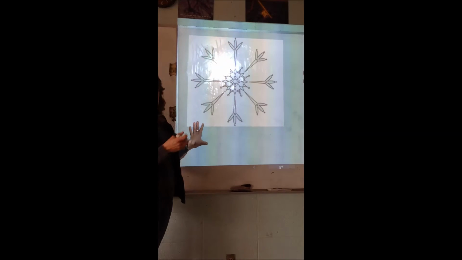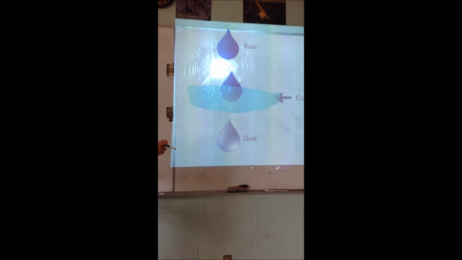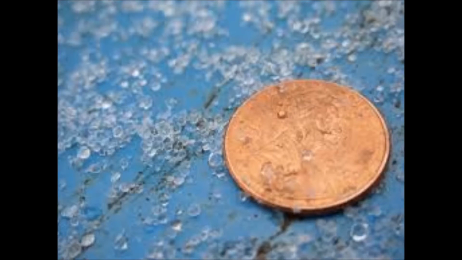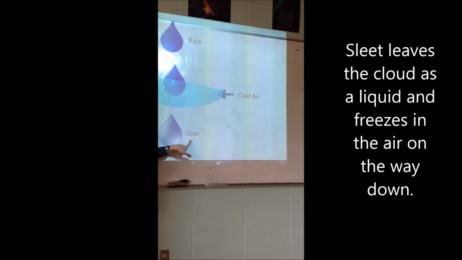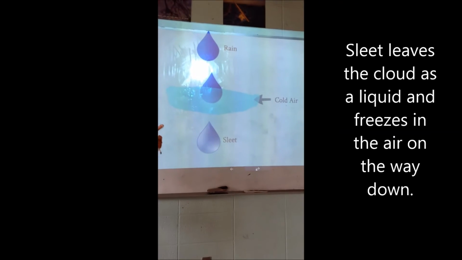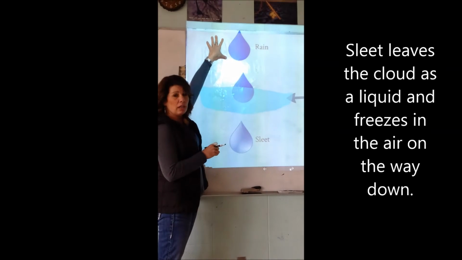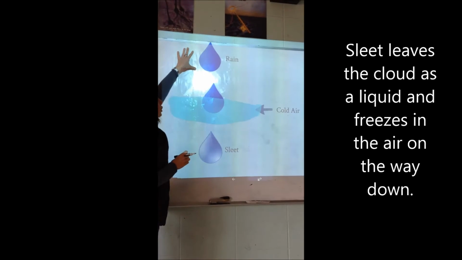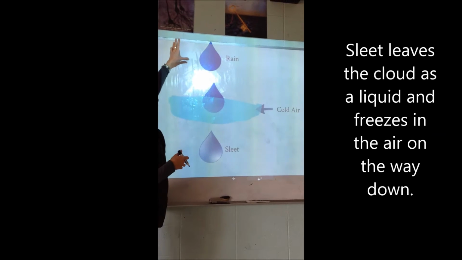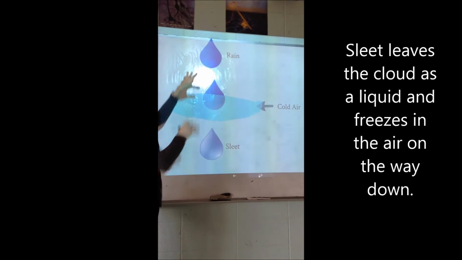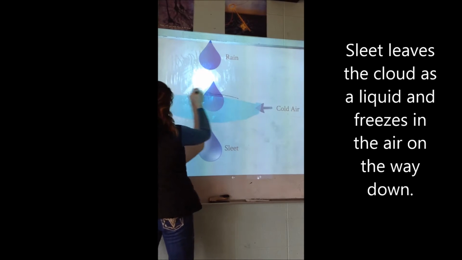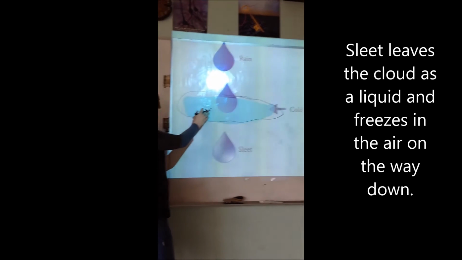Okay? Next, we have sleet. Sleet is probably the most confusing for kids because in the atmosphere where the clouds are, the temperature is very warm. So it leaves as a liquid, and somewhere along the way, Mother Nature decided that it's cold.